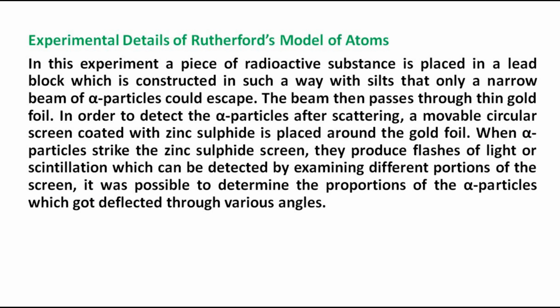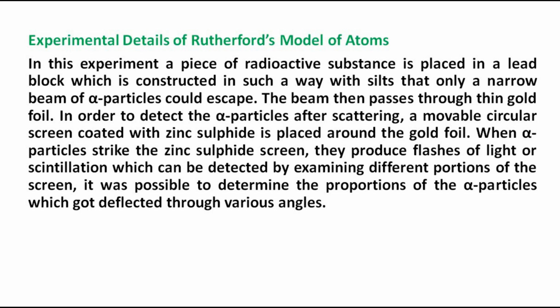Experimental details of Rutherford's model of atoms. In this experiment, a piece of radioactive substance is placed in a lead block which is constructed in such a way with slits that only a narrow beam of alpha particles could escape. The beam then passes through thin gold foil.